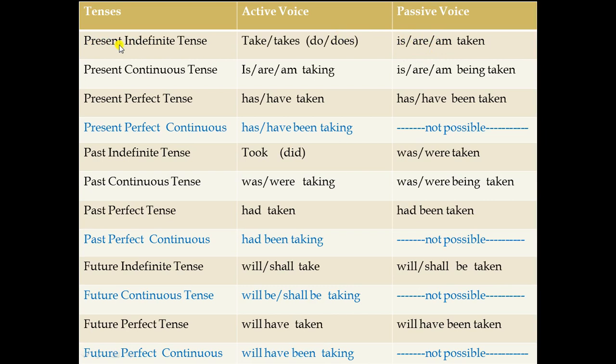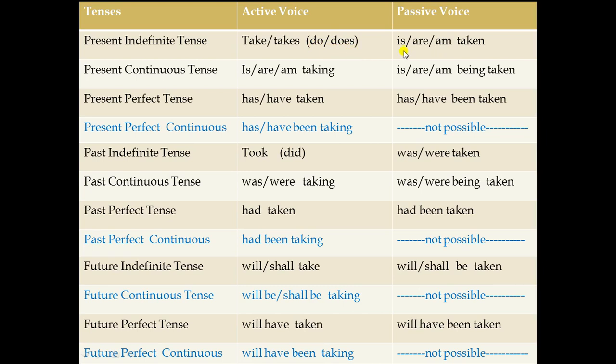For example, if you are changing the sentences written in present indefinite tense, it is obvious that the sentences of active voice of present indefinite tense either take the first form only, or they take the first form with s or es. In negative and interrogative sentences, do and does are the helping verbs used in active voice.